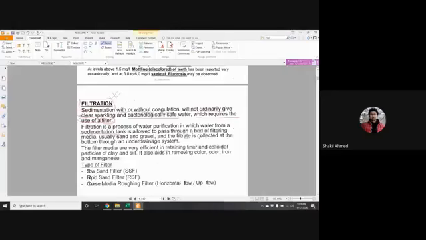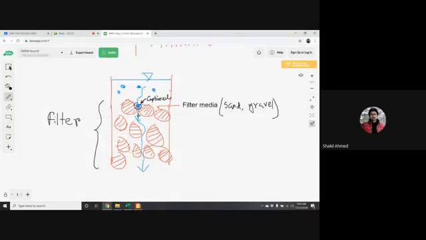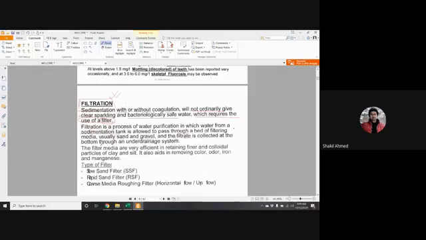And the filtrate is collected at the bottom. What is filtrate? Filtrate is the liquid which is collected after filtration. Filtrate is collected at the bottom through an underdrainage system.